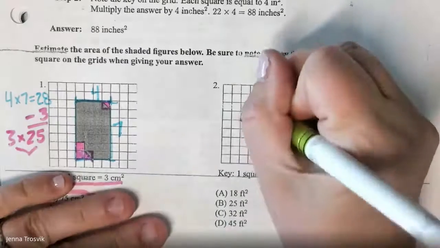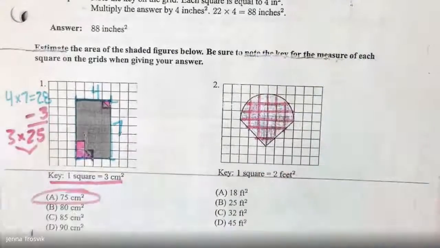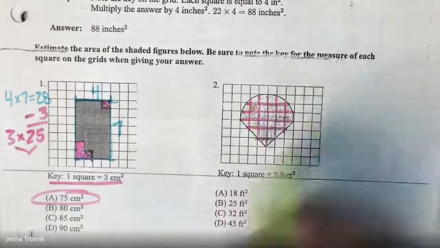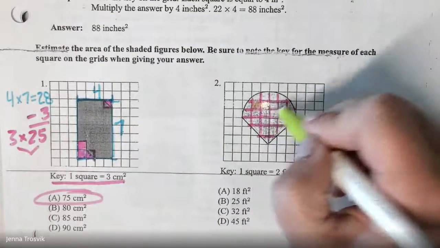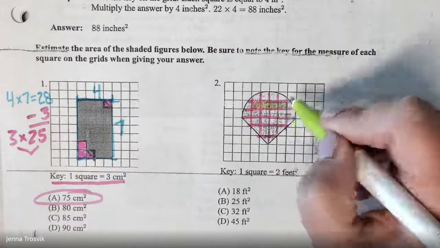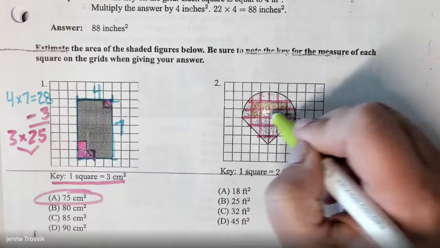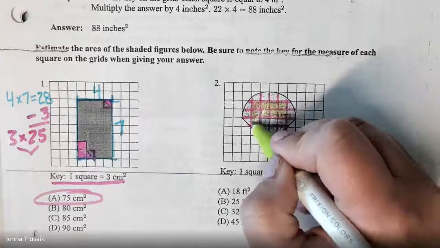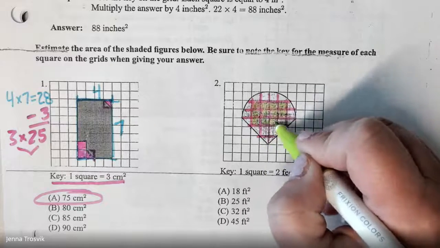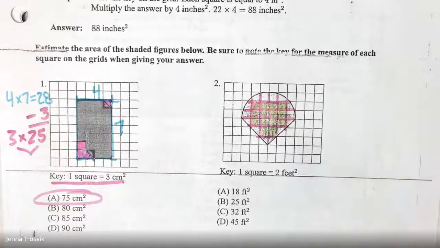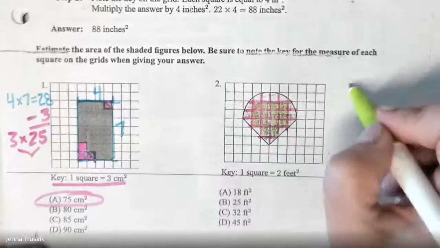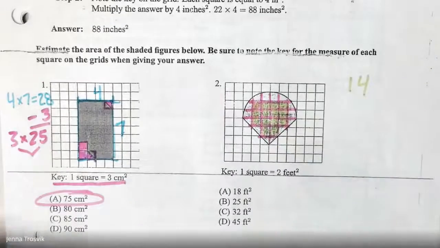Sorry, guys. I have 1, 2, 3, 4, 5, 6, 7, 8, 9, 10, 11, 12, 13, 14. Okay, so I have 14 total full squares.